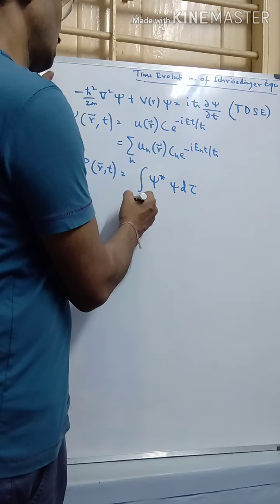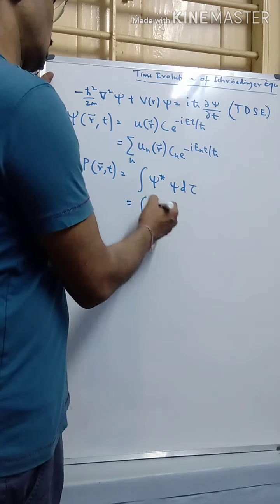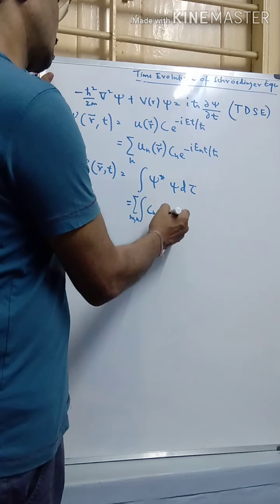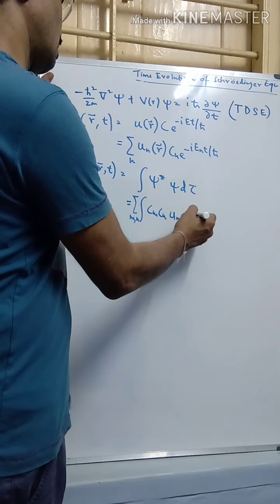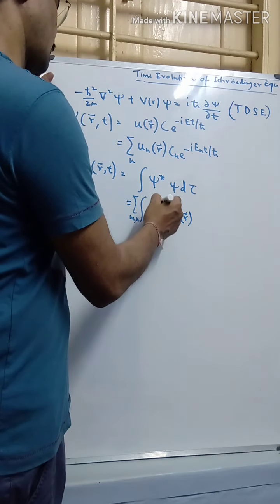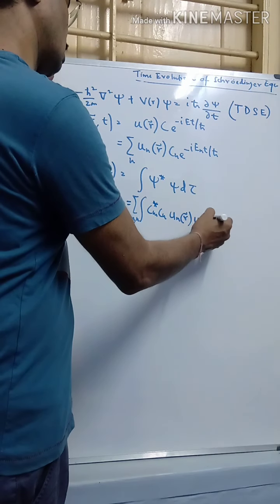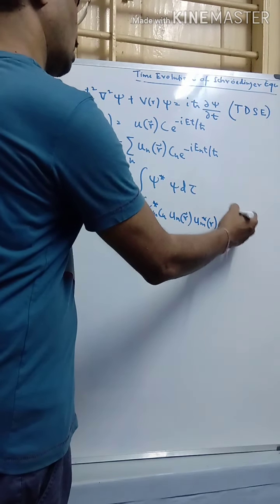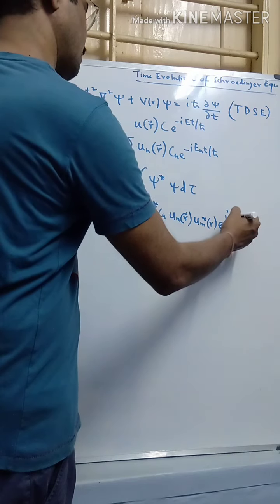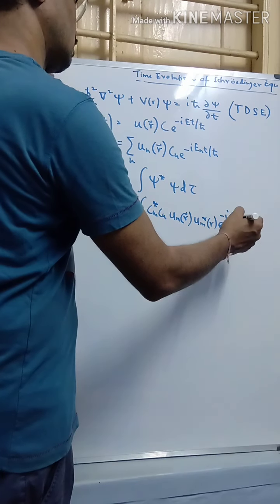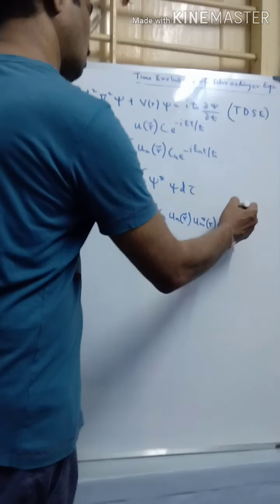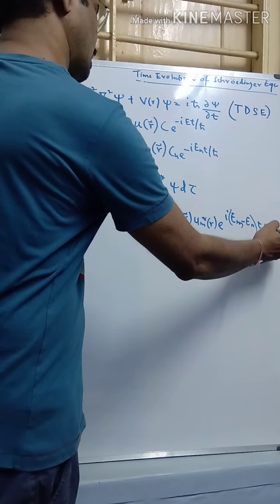We can always say that this is equal to the summation over m comma n of c_m star c_n u_m star u_n and e to the power i(E_m minus E_n) t by h cross, taking the minus i of (E_n minus E_m) t by h cross.